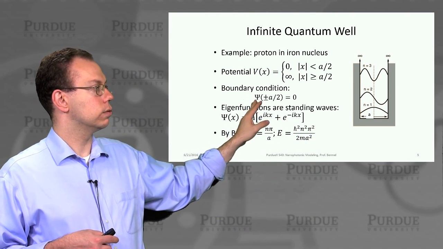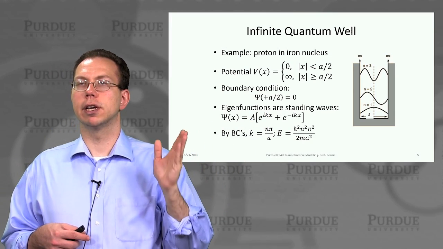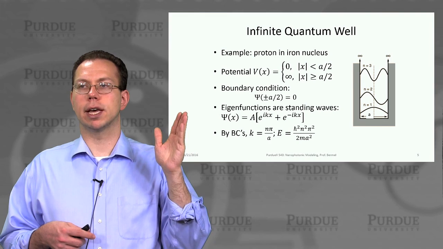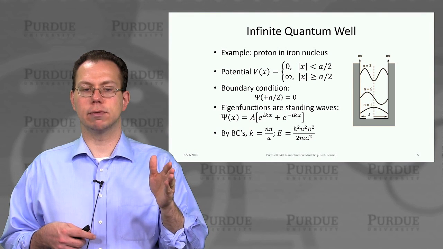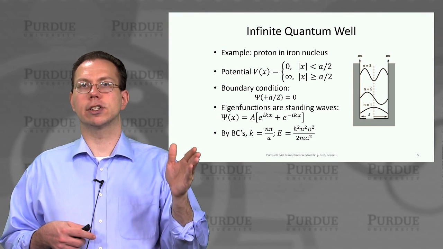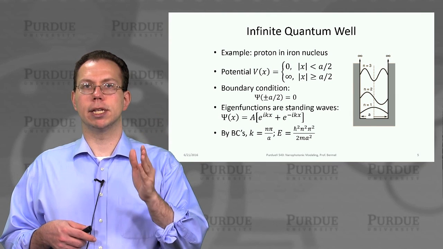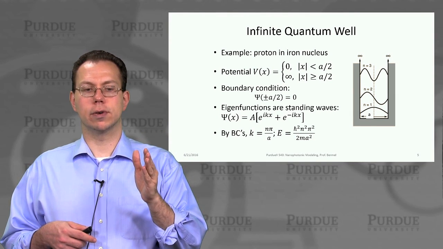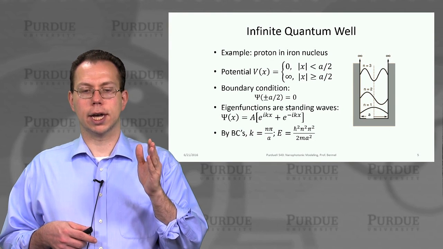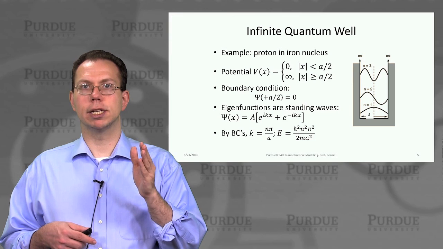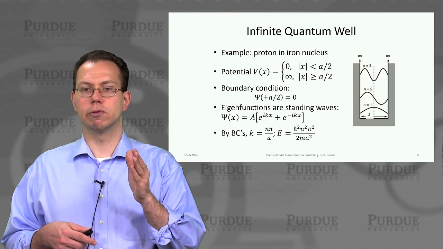And so we can actually use the same kind of solutions that we had before for the free particle, except that we have to impose this boundary condition, which means that the eigenfunctions are actually a sum of two plane waves that will cancel out. But that means that the k values are actually quantized now. In order to have psi vanish on both sides, we have to have a half integer number of waves.